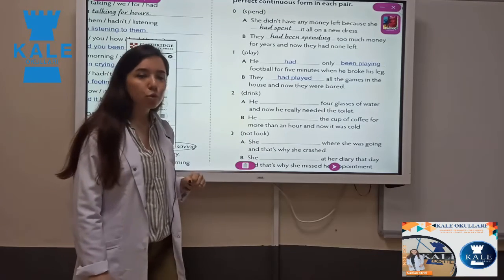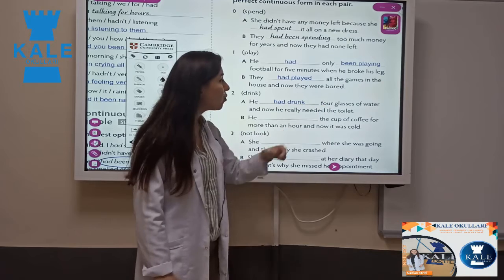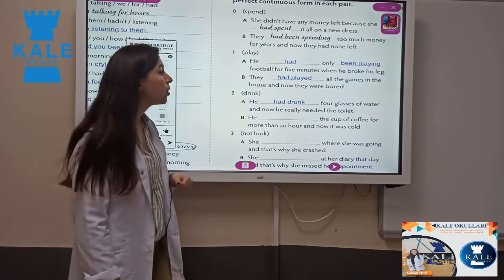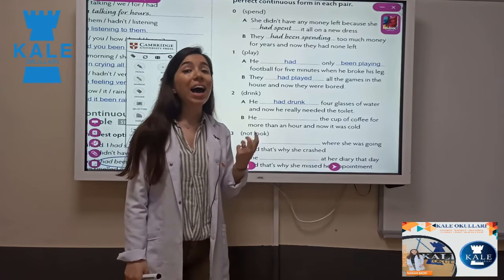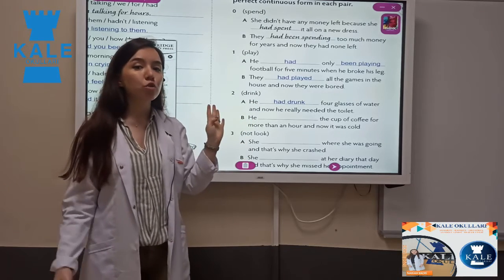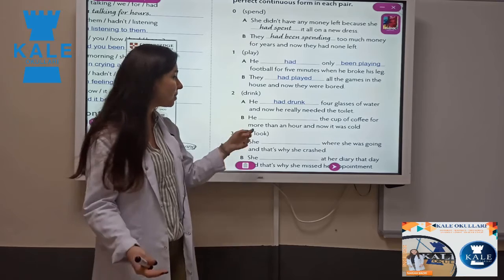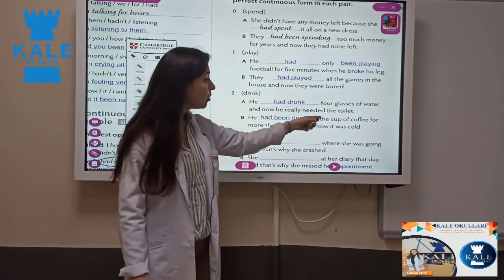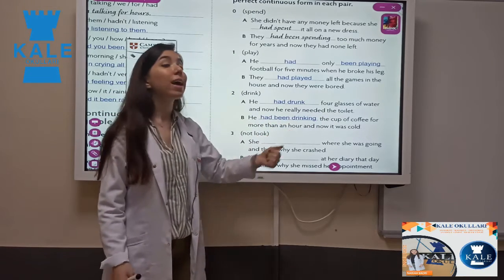And another example to understand it better, he had drunk 4 glasses of water and now he really needed the toilet. How many glasses had he drunk? He had drunk 4 glasses. So because of that he needed to go to the toilet, yes? But here, he had been drinking the cup of coffee for more than an hour.